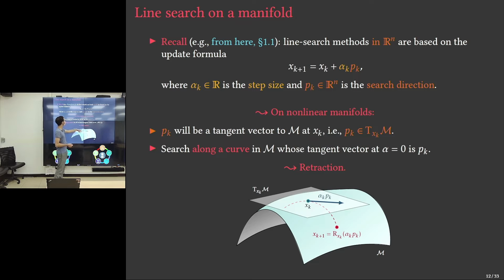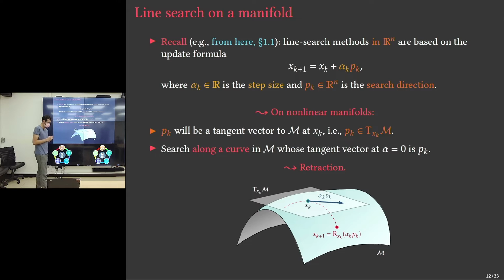And pk will be a tangent vector in this tangent space. And then this gives the direction of the curve. And then we search along this curve in M, okay, whose tangent vector at alpha equal to 0 is pk.